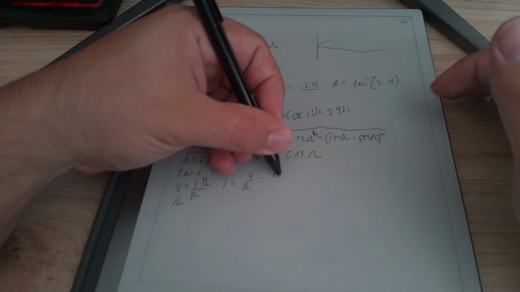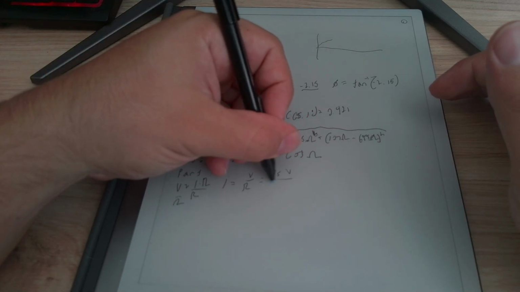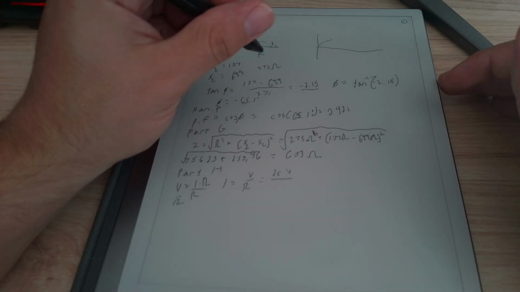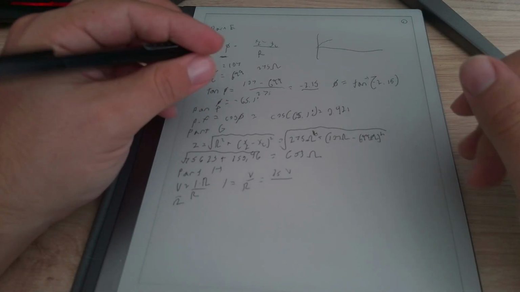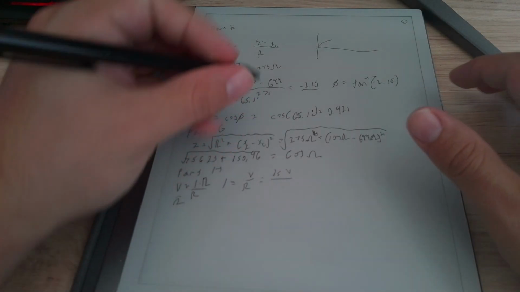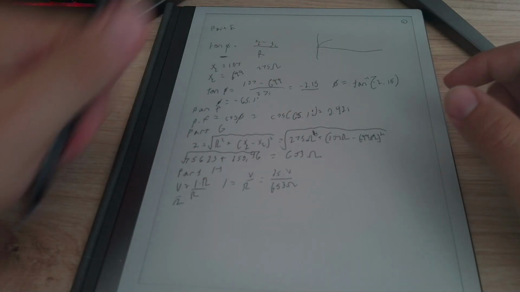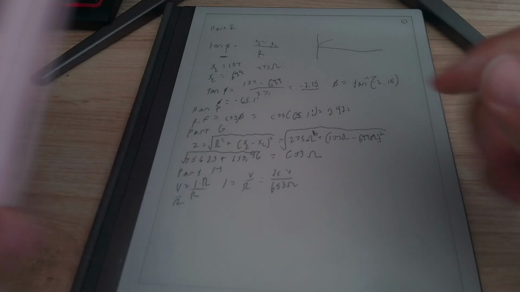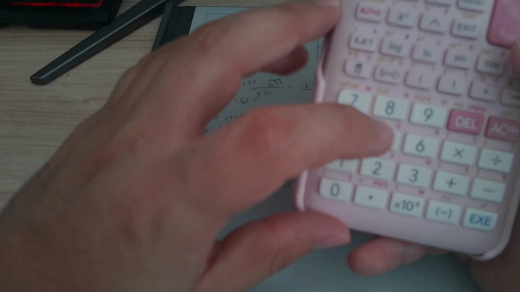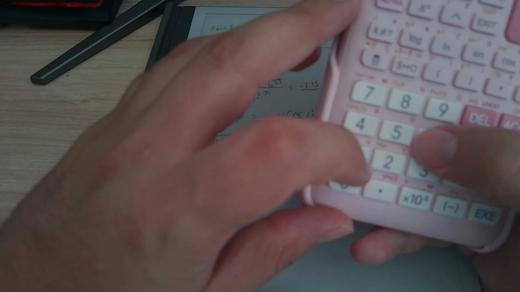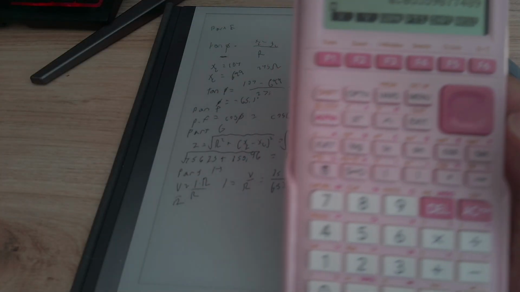It's going to be 35 volts. And pretty much the impedance is the total, and we just figured out the total resistance would be 653 ohms. So from there we can do 35 divided by 653. And that will give us 0.0536.